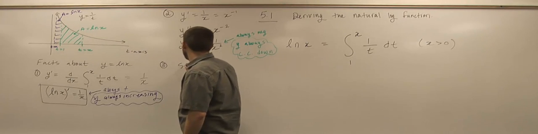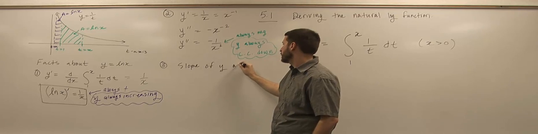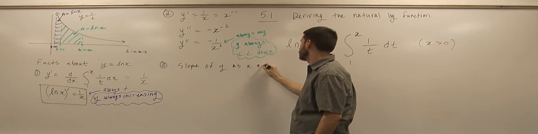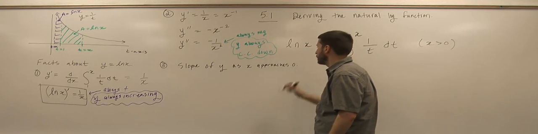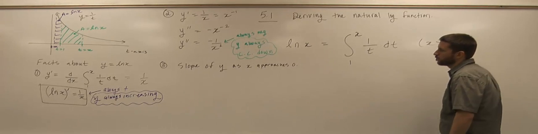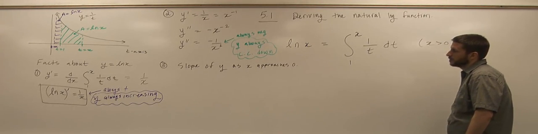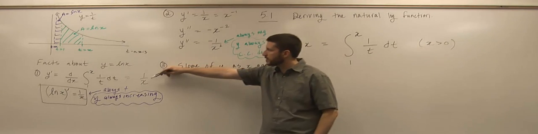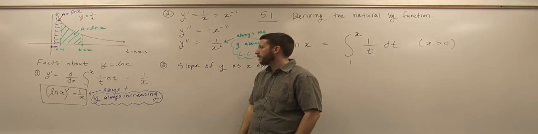What's the slope of ln x as x approaches 0? Okay, more specific. As x approaches 0 from the right, as you put in numbers that are getting smaller and smaller in the denominator, what is the whole fraction going to?